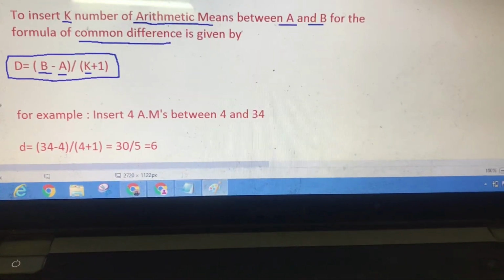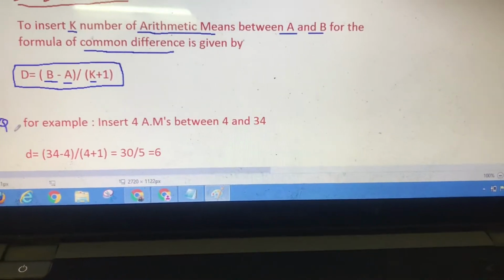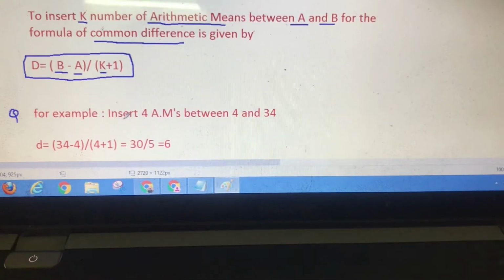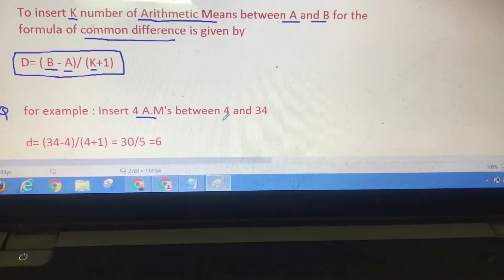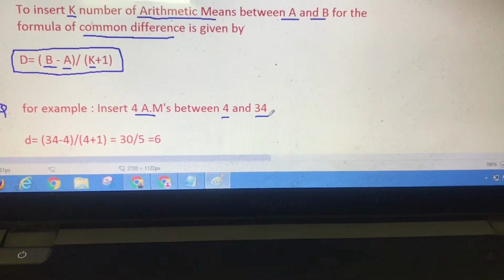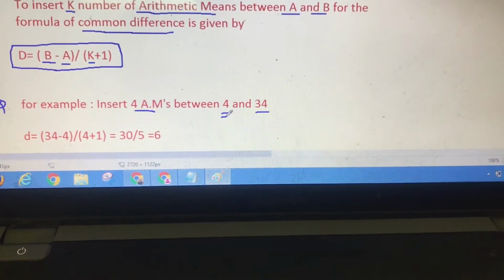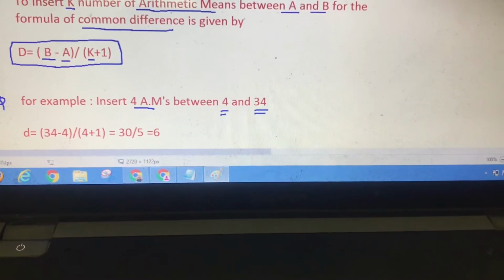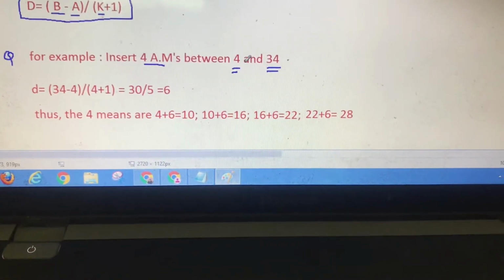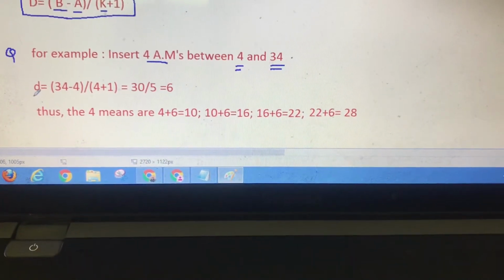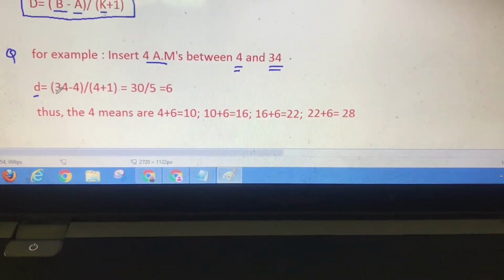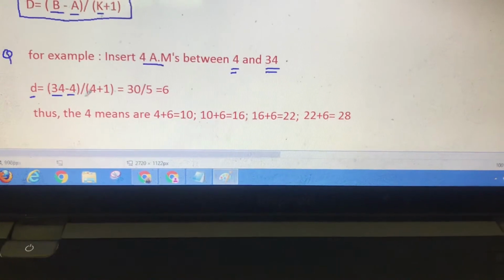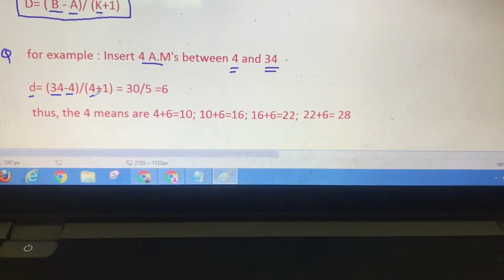Now suppose, question: insert 4 arithmetic means between 4 and 34. So the arithmetic progression starts from 4 and ends on 34. Firstly we need to find the common difference. The difference is b minus a, divided by the number of arithmetic means plus 1.